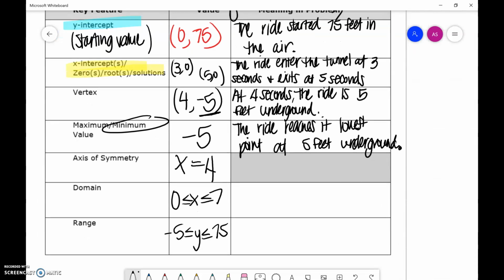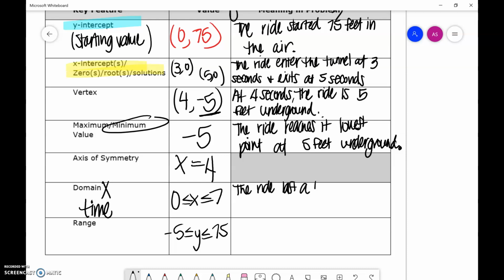Now our domain, remember, we're talking about x and we're talking about time. So the time of this ride, I'm thinking about the total time. It was from 0 to 2, and we're talking about seconds.